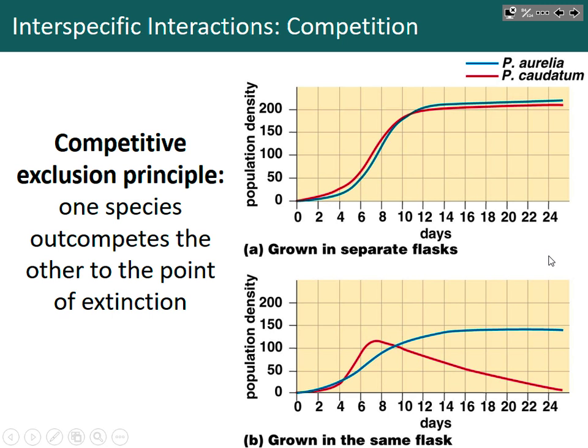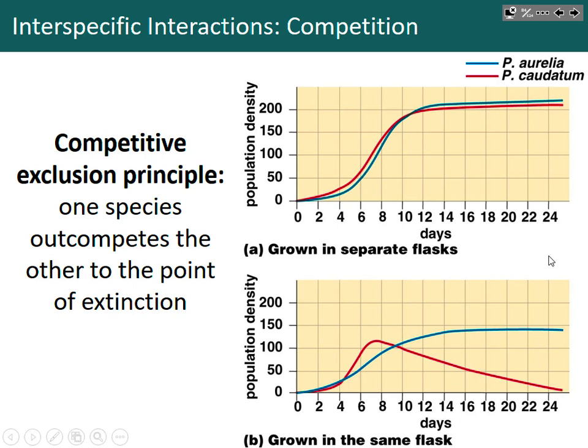So when two species cannot coexist, this is due to what is defined as the competitive exclusion principle. The competitive exclusion principle just says that one species will outcompete the other to the point of extinction. And when we very first started studying competition in the lab, they set up these artificial environments, and in these environments they were growing paramecium.